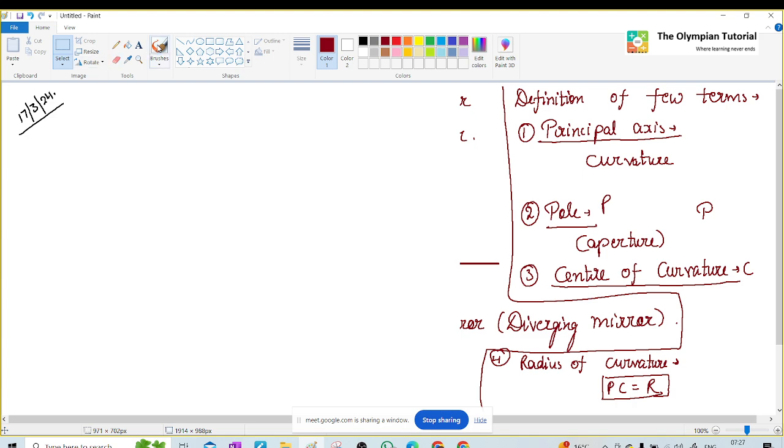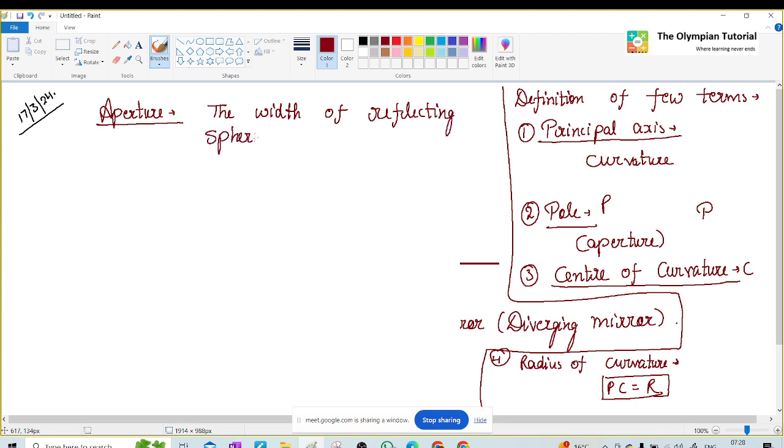Next is aperture. Aperture, we will write, is the width of the reflecting spherical surface.